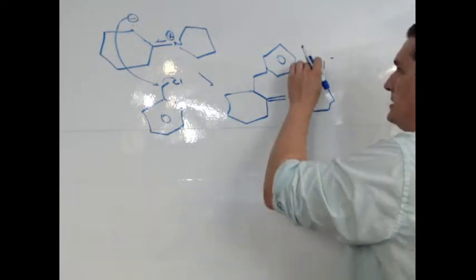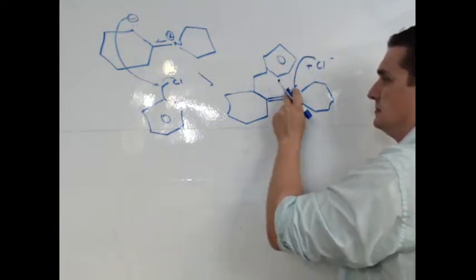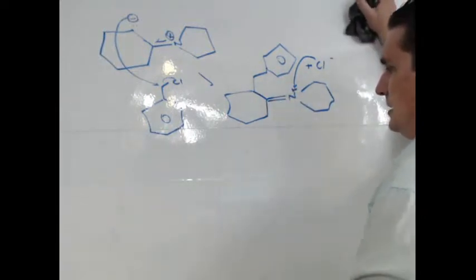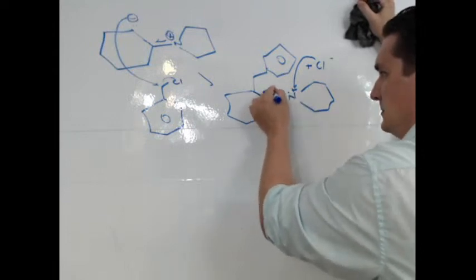So now our Cl minus can attack the nitrogen. They're going to be paired together. Now we're going to break that bond, kick it back to give us a lone pair.